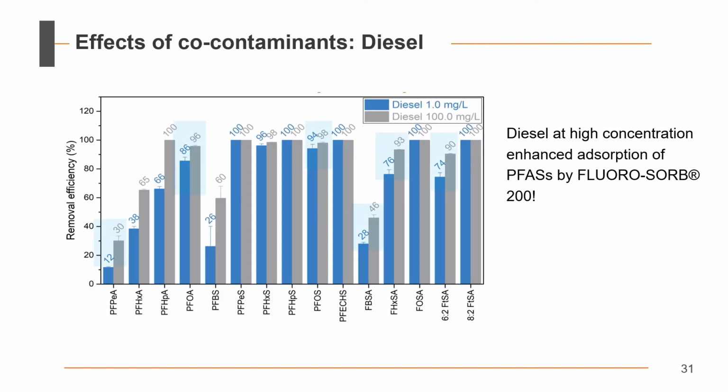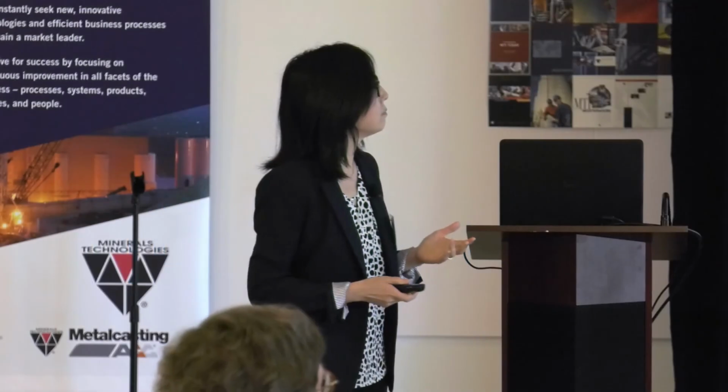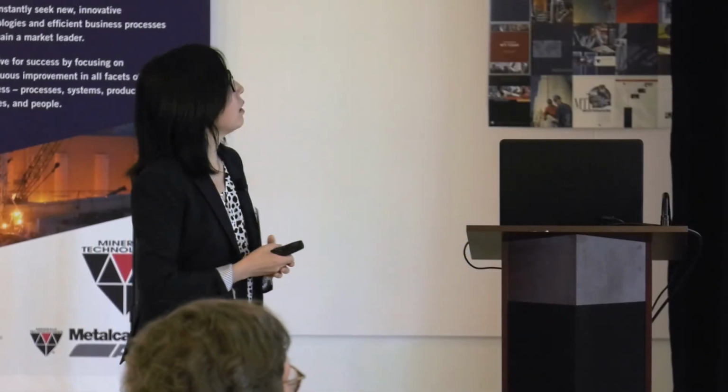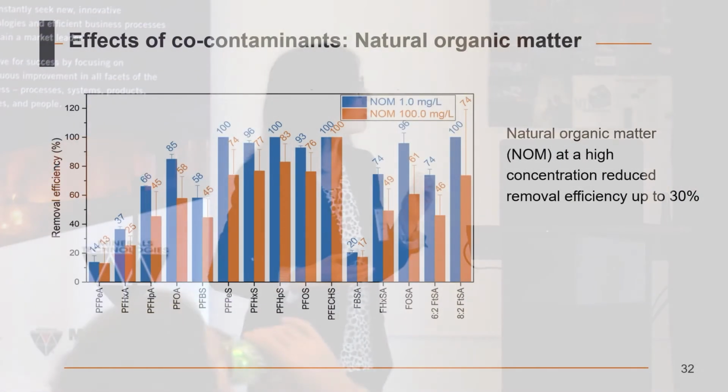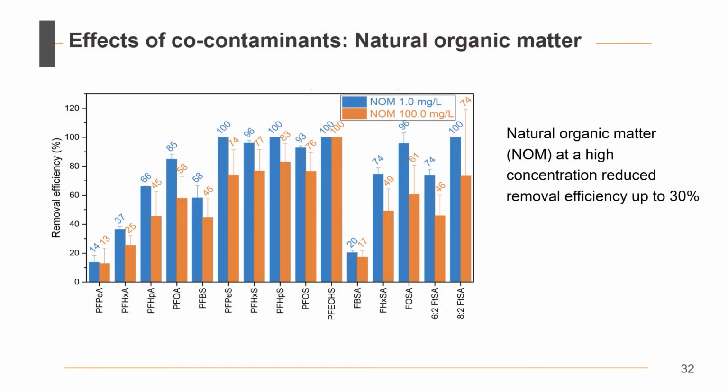So we found that at high concentration, up to 100 milligram per liter of diesel, not only was the performance not impacted, there was actually enhancement of the removal. We don't know exactly why yet. And we also challenged it with another co-contaminant, natural organic matter.